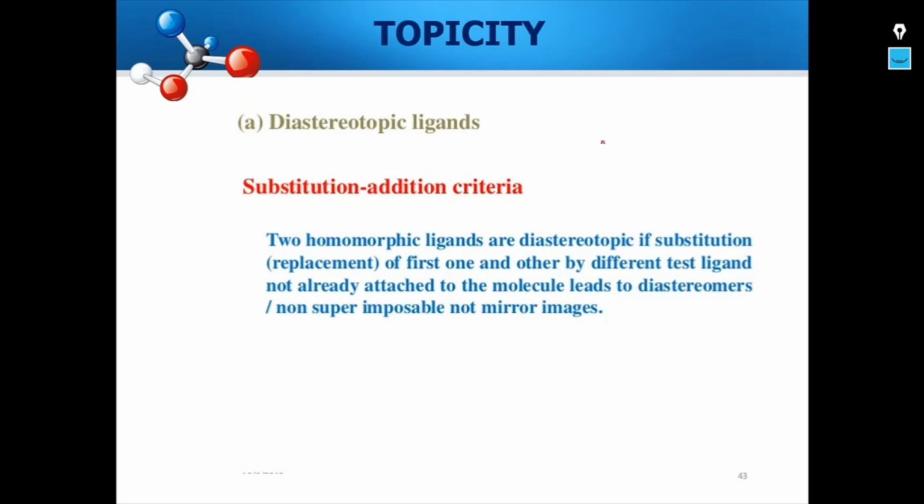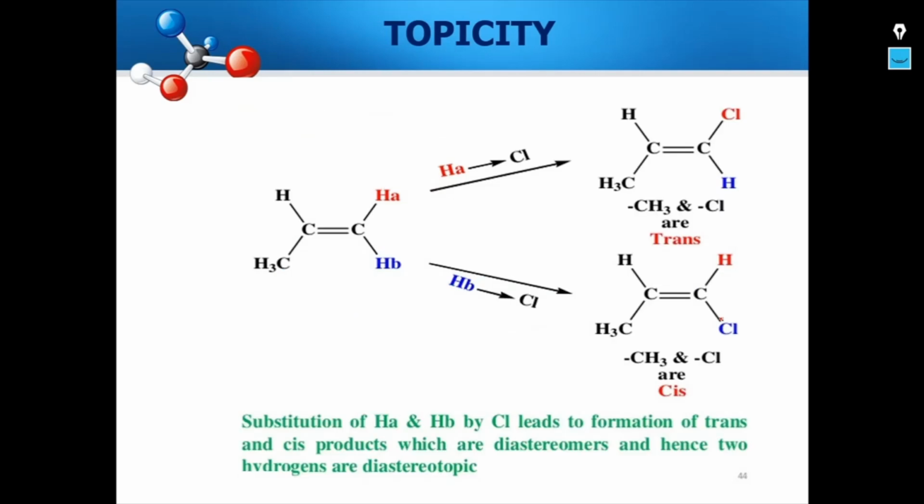Again, here we perform the substitution addition criteria, and two homomorphic ligands are diastereotopic if the substitution of the first one and then the other by a different test ligand gives rise to diastereomers, or stereoisomers that are not mirror images of each other. Then the molecule is said to be diastereotopic in nature.